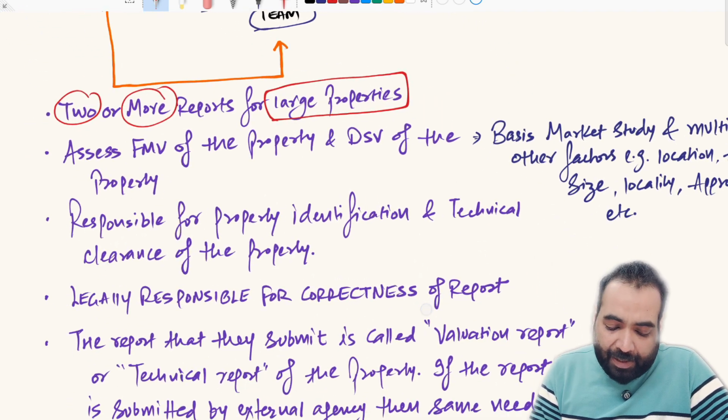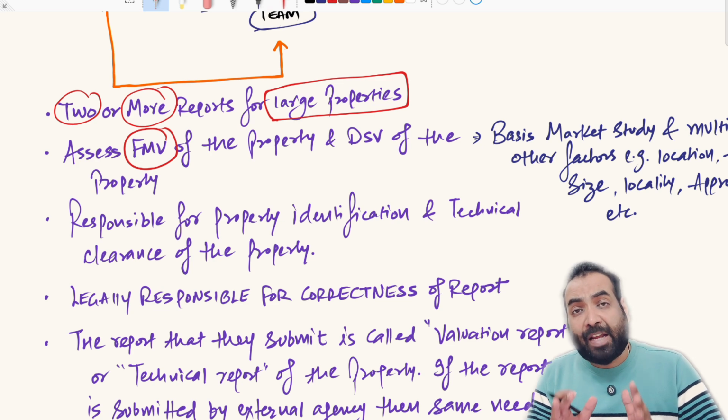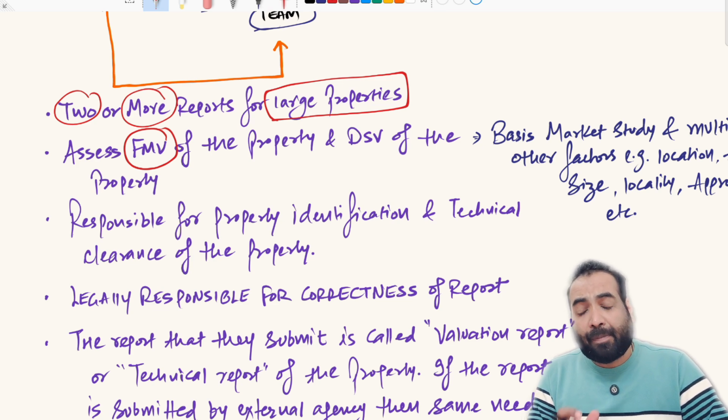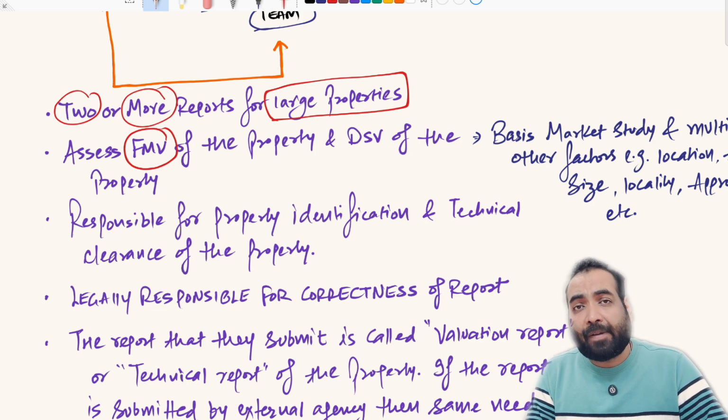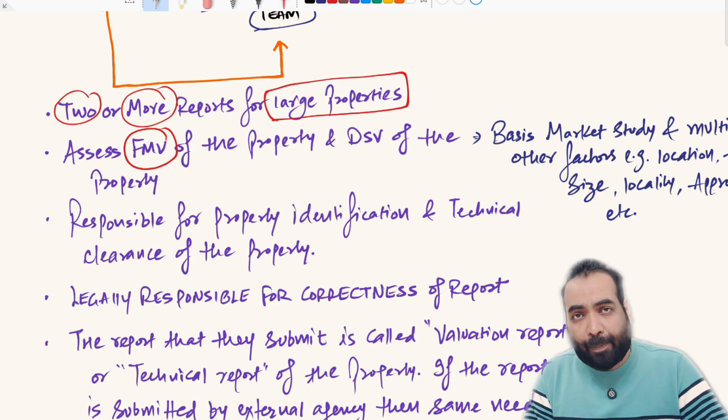So these external agencies assess the fair market value of the property. By fair market value, we mean these external agencies or the internal technical teams look into the risks associated with the property, primarily from the point of view of the bank.